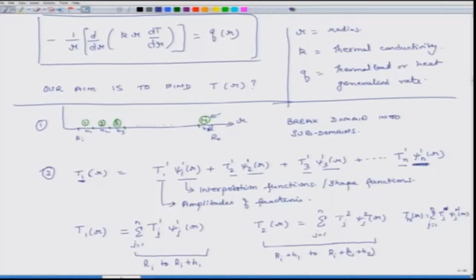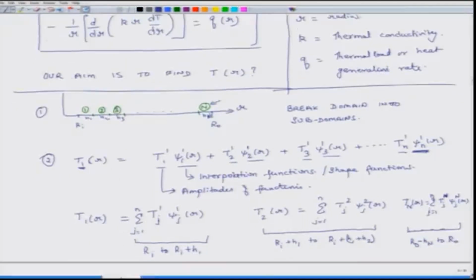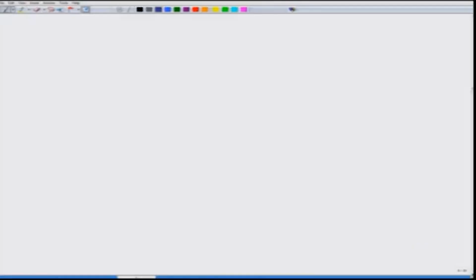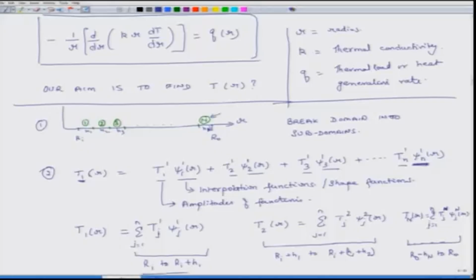Is this clear? And so on and so forth. Similarly, the Nth T will be valid from Ro minus hN to Ro, or you can add up h1 plus h2 up to hN minus 1 from the other side, it does not matter. So for the eth element, this is T1, this is T2(r), this is T3(r).